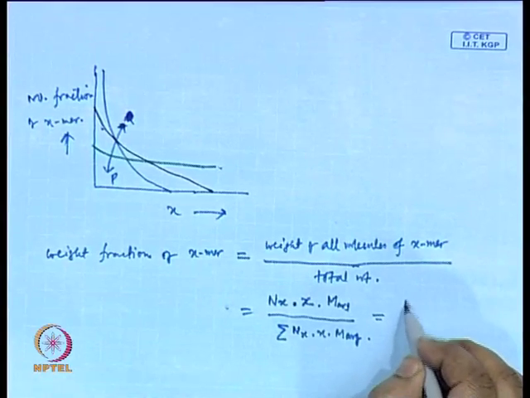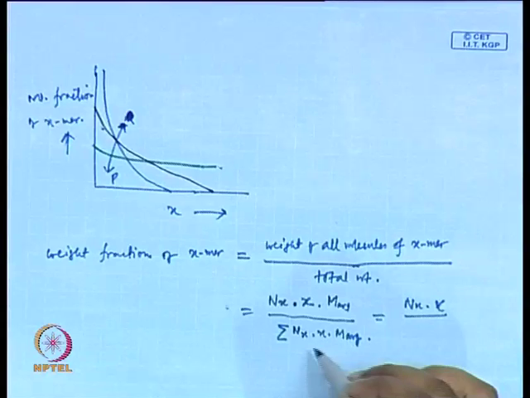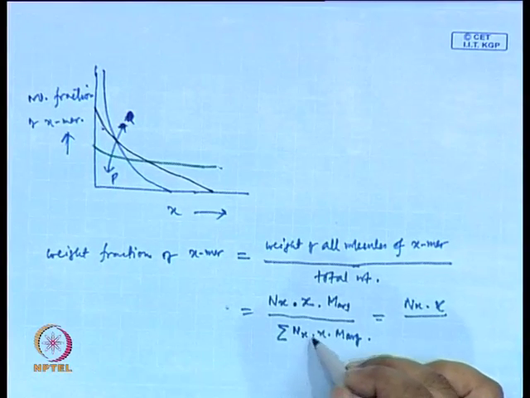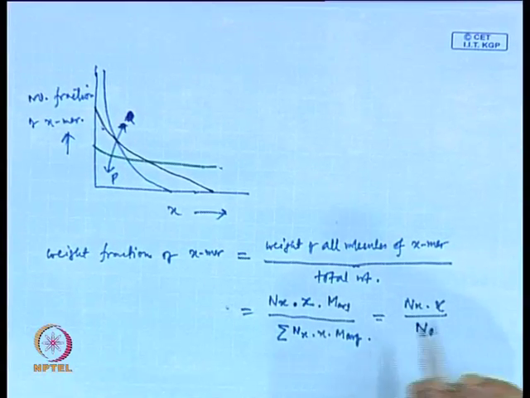The summation of Nx for all x's gives you N0, the total number of molecules.